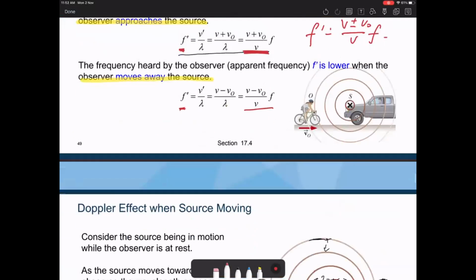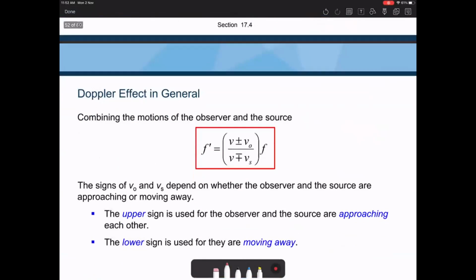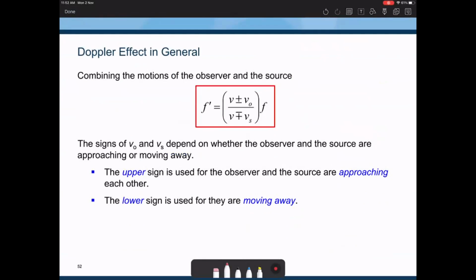Altogether, we could have a very compact form of the equation, which may or may not be useful, depending on whether you could recognize when to use which sign. But at least the symbols would hint to use something. First, on the top, you have V plus or minus V naught.